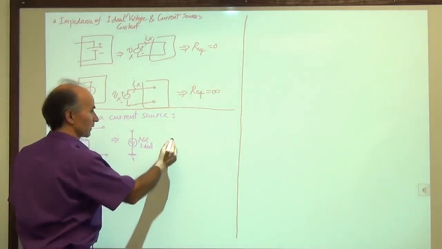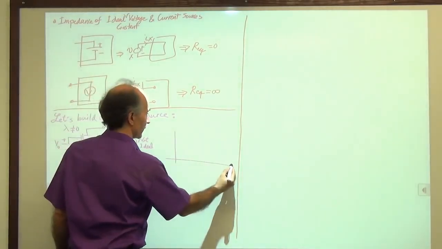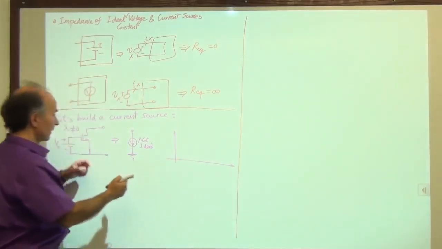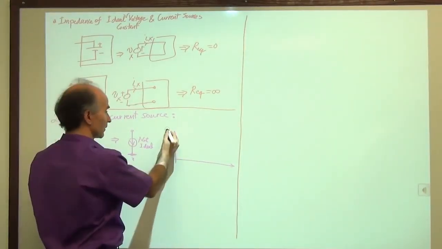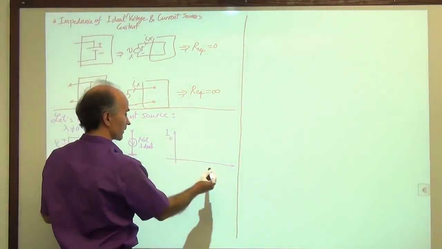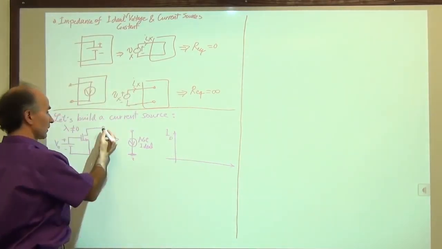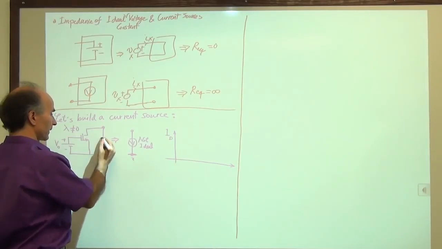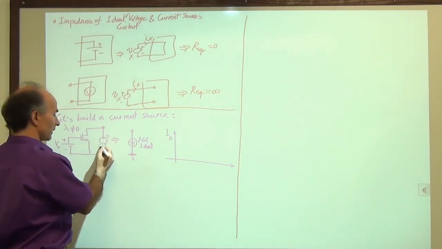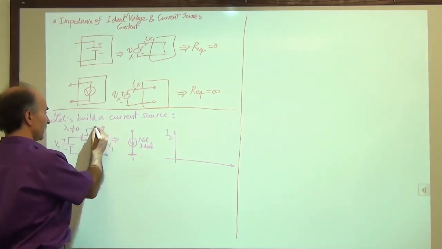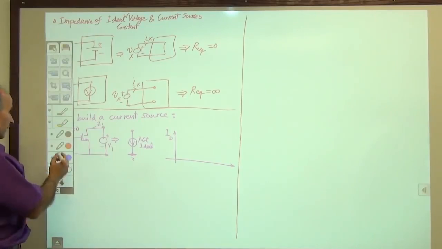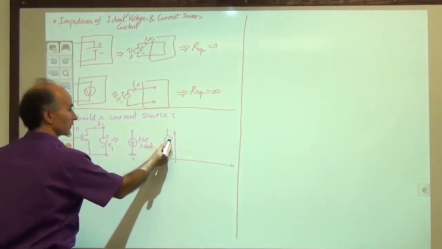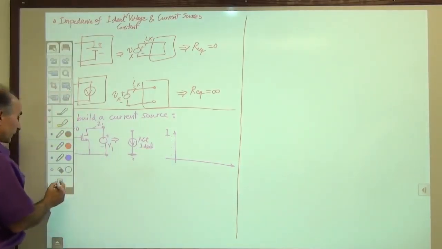Why? Because what we remembered was that if we try to measure this current while we change this voltage, so ID versus, let me call this something else. So let's call this, for example, V1 and I1. Because we don't want to confuse ourselves with respect to the drain current and drain voltage.